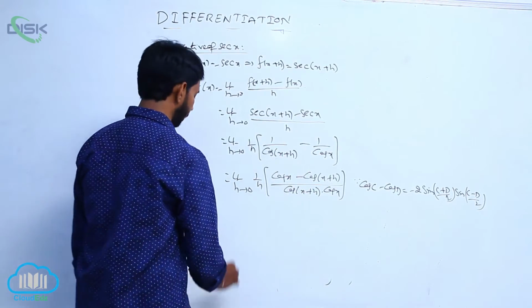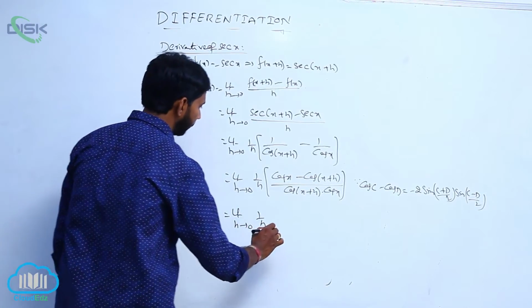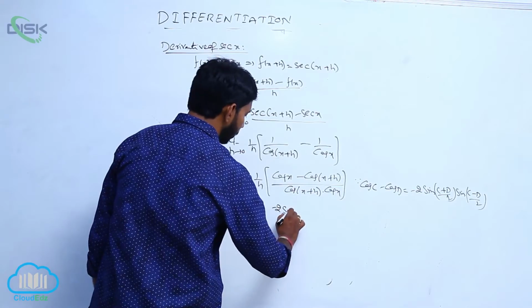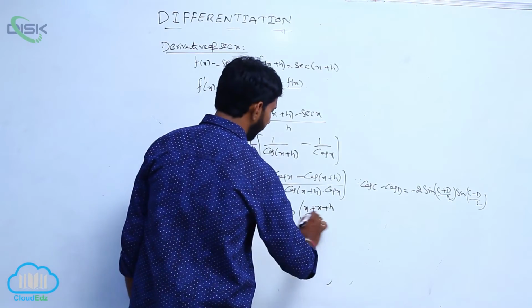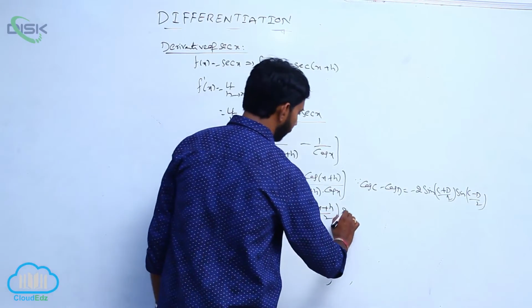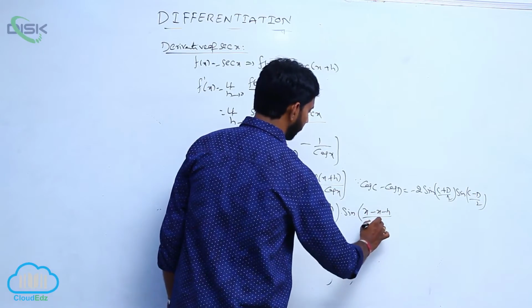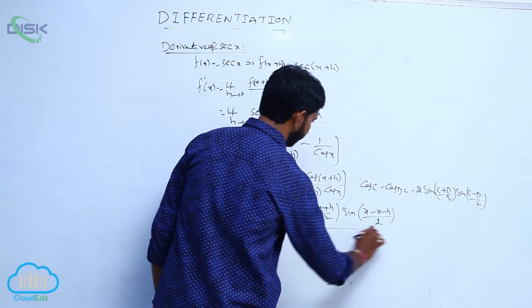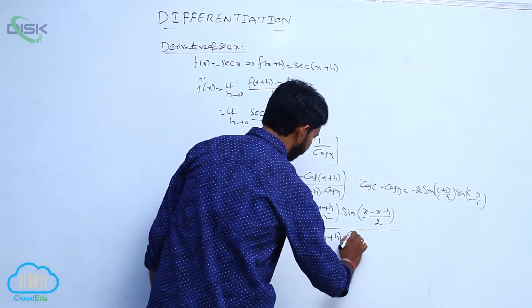Apply the formula. That is the limit h tends to 0 of 1 by h of minus 2 sin of c plus d, that is x plus h by 2, into sin of c minus d, x minus h by 2, by cos of x plus h into cos x.